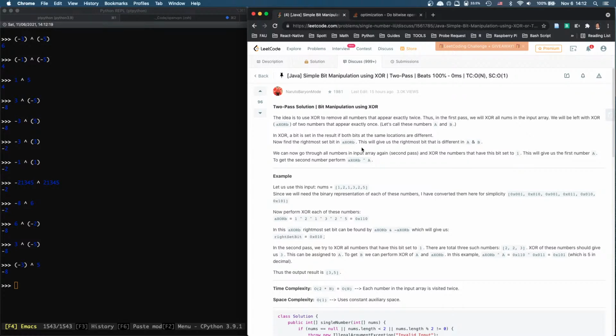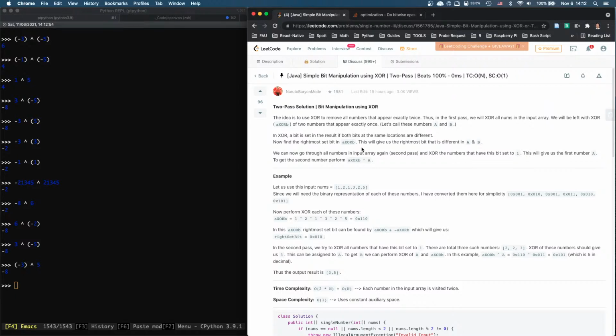Exclusive OR the numbers that have this bit set to 1. That doesn't make any sense. I think it says A has this bit set to 1, and exclusive OR everybody that has this bit set to 1.